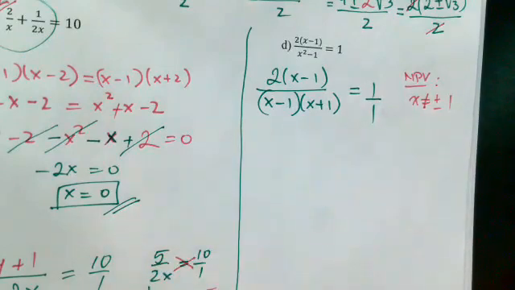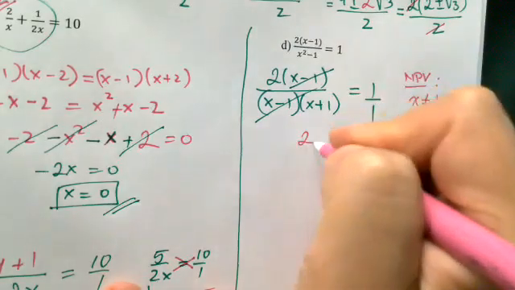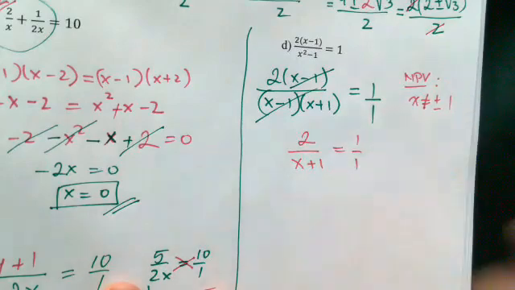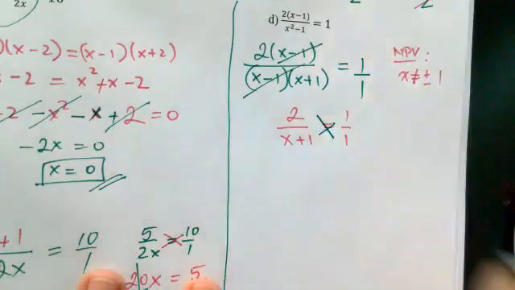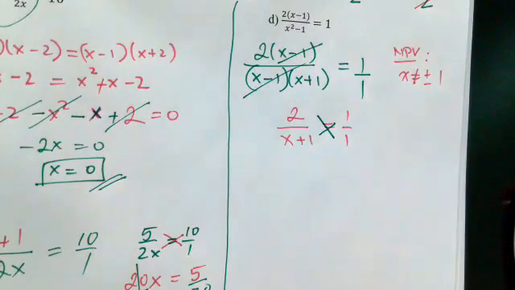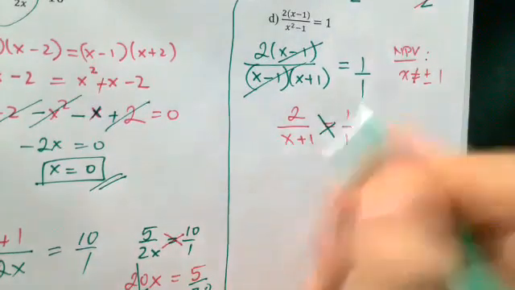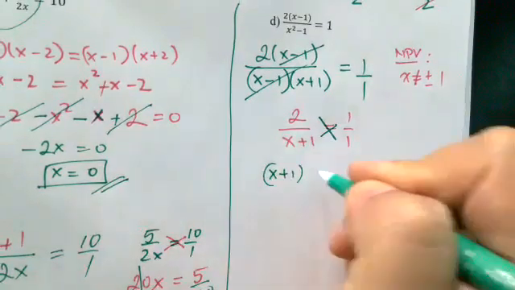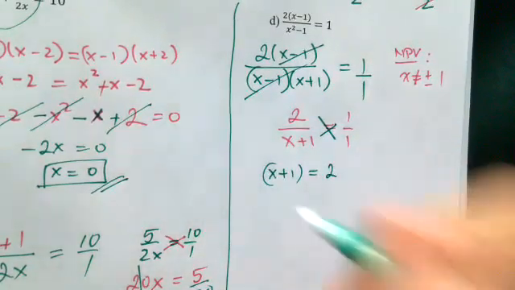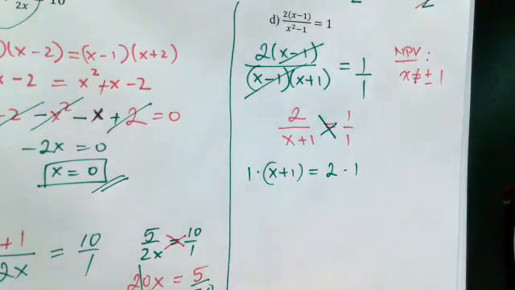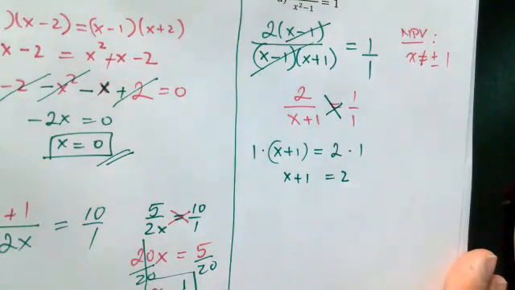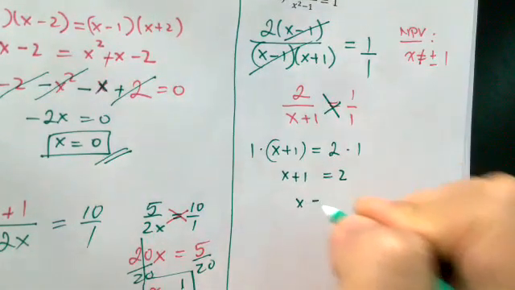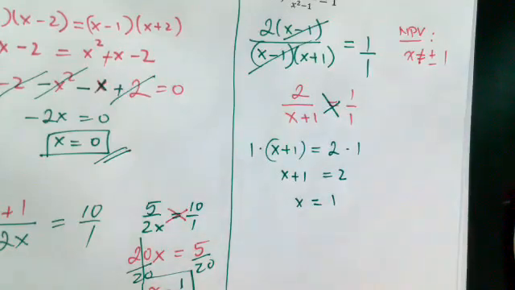And let's proceed. You can definitely cancel out the x minus 1 at this point. And we're going to be having 2 over x plus 1 equals 1 over 1. Cross multiplying. x plus 1 times 1 equals 2 times 1. x plus 1 equals 2. x equals 2 minus 1, which is 1.